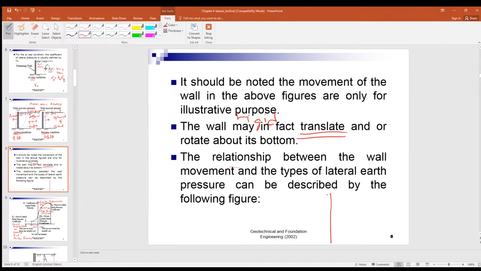Suppose that is a sheet pile. What is steel sheet piling? You have the ground surface, and you have a prop. What will happen?